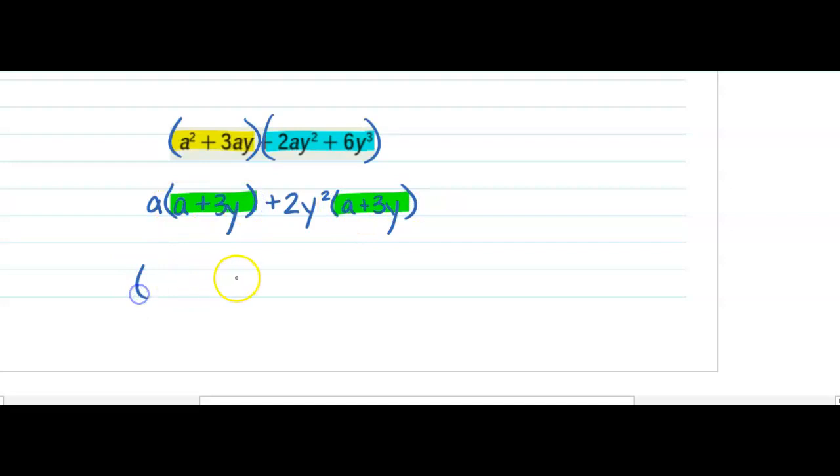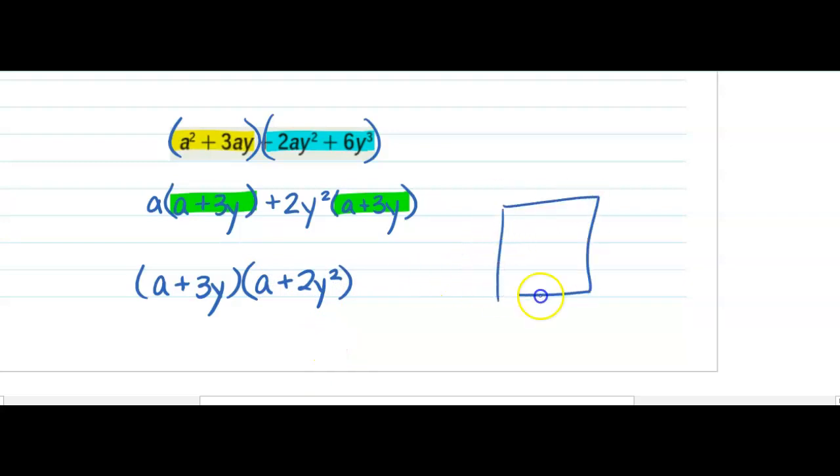I'm going to write that binomial first, a plus 3y. Then I'm going to write what's left behind in the leftover parentheses. A plus 2y squared. And I'm finished. And if I were to box this just to check it, to make sure I get the same thing that I started with. That's always good to do, especially when you're new to factoring by grouping.